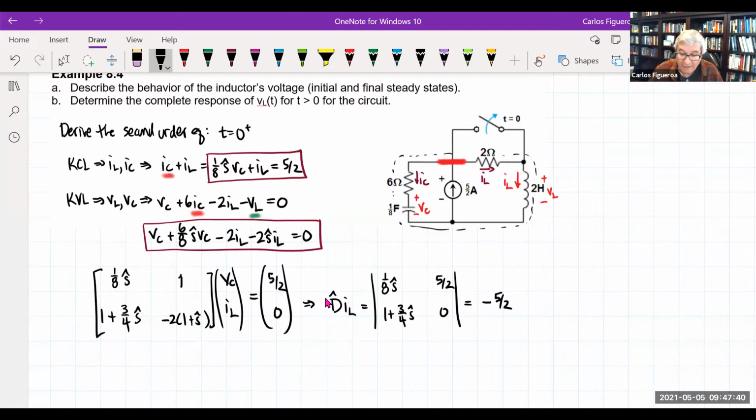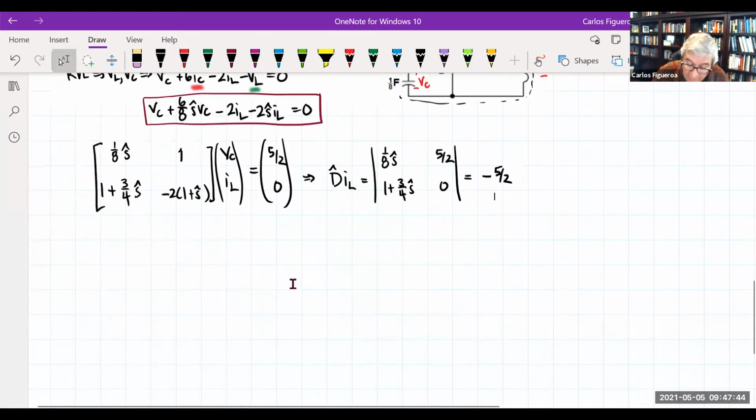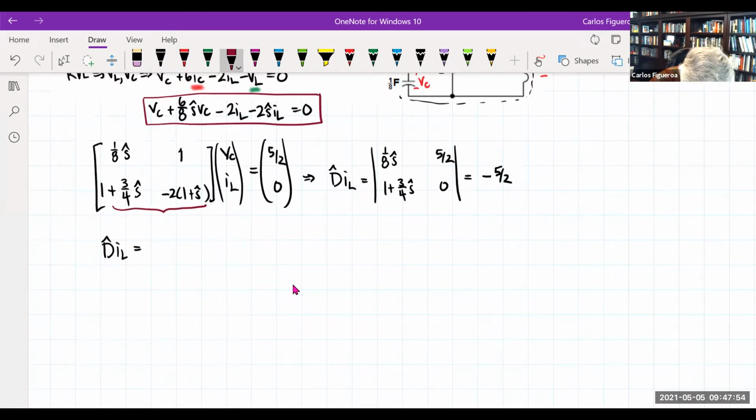Okay, so I now know what my constant is. Now I'm going to go after my D operator. So let's do that. My D operator acting on IL is going to be this guy right here. That's how I'm going to get my D operator.